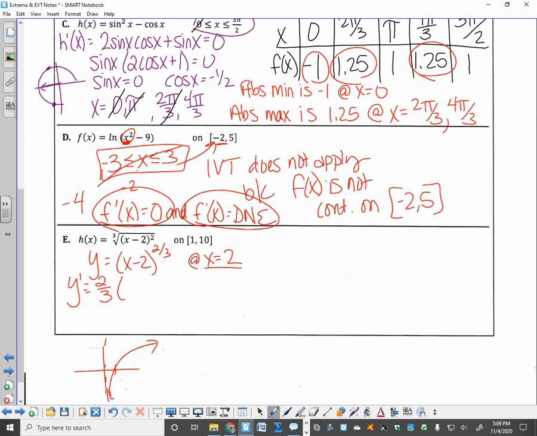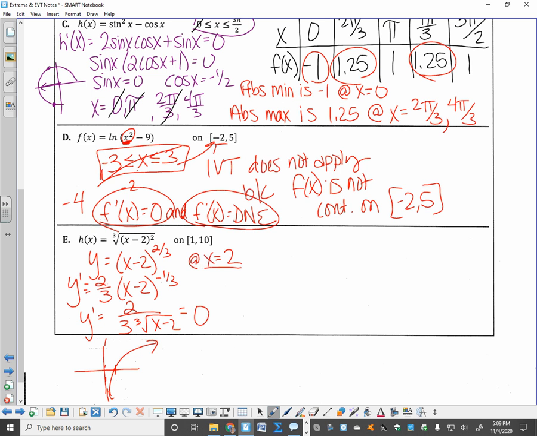So 2/3 (x minus 2) to the negative 1/3 times 1, which is 2/3 over the cube root of x minus 2. I'm writing it like that because I'm going to set it equal to 0. Now, when I set that equal to 0, I'm going to multiply both sides by what's in the denominator.